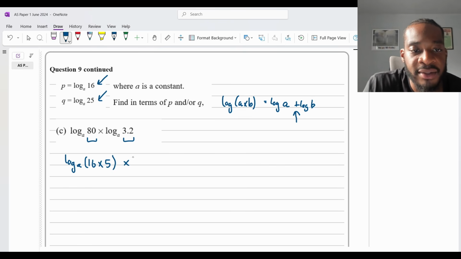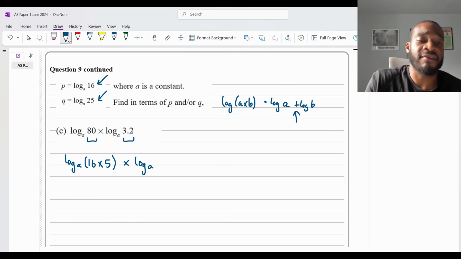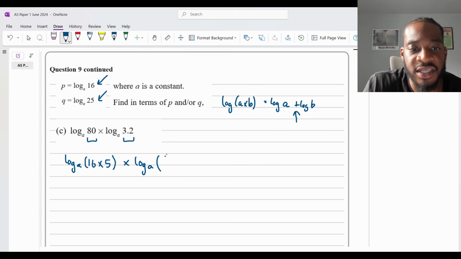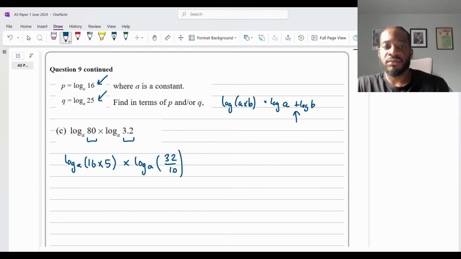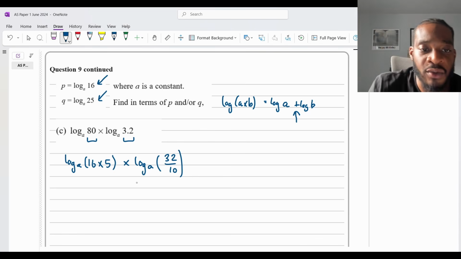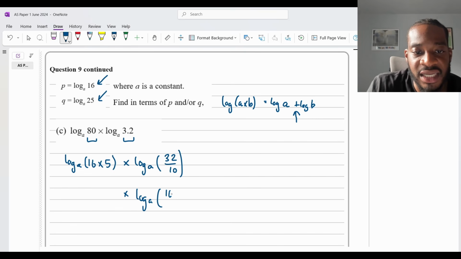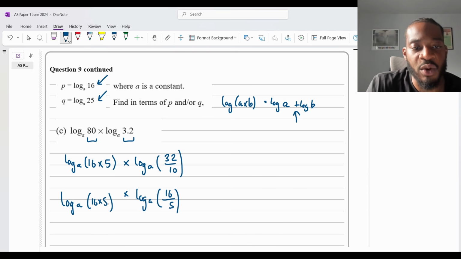Now multiplied by. Immediately when I look at this, the first thing that comes to mind is 32 divided by 10. So I'm going to write it as 32 divided by 10. Now this is a fraction that can be simplified. We can divide top and bottom by 2. So it actually just becomes log base A of 16 divided by 5. And we've got this here, 16 times 5. So this is where we're at so far.